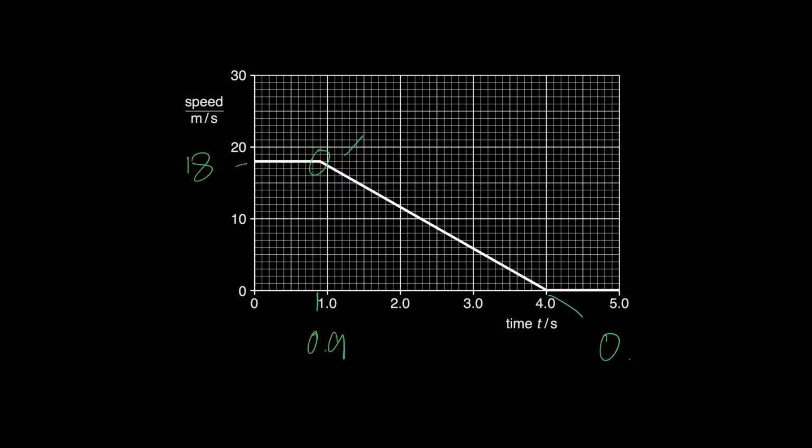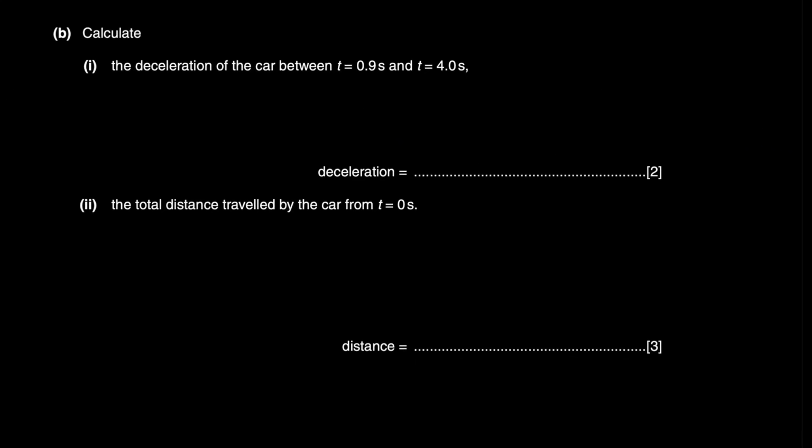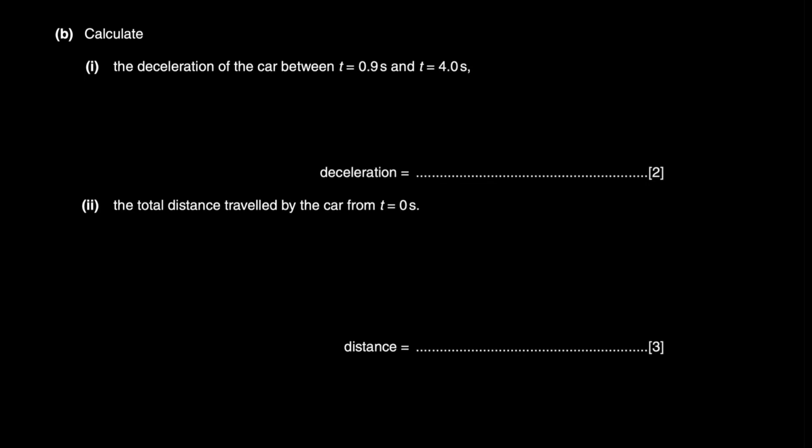That's our final velocity. So it's as easy as putting it into the equation. Our formula is acceleration equals the final velocity minus the initial velocity, divided by the total time taken. The final velocity is 0 minus the initial velocity, which is 18, divided by the time, which is 3.1 seconds.